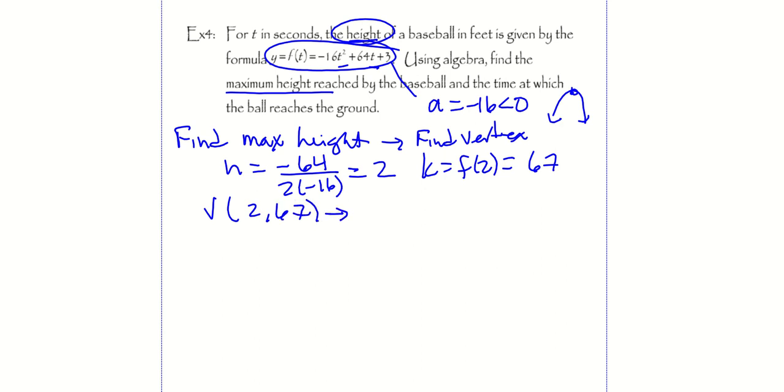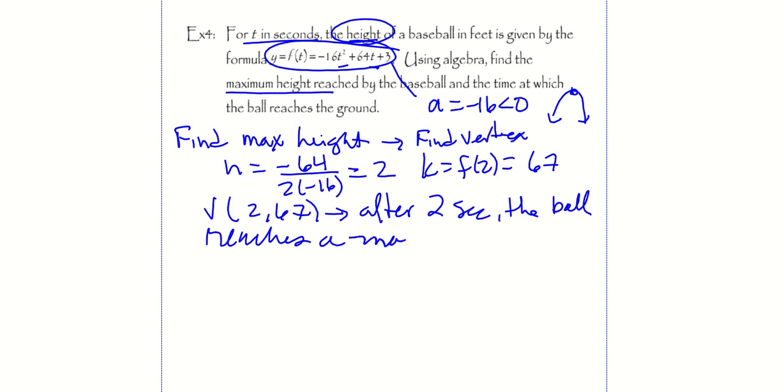And what this tells me is that after 2 seconds, since t is in seconds, the ball reaches a maximum height of 67, and height is in feet, so this is 67 feet.